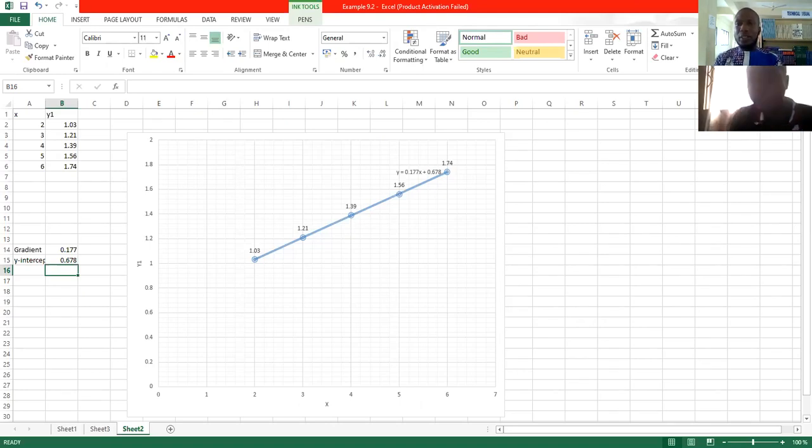Also, because there are no negative x values and y values, you see where our origin has come to. Because there is no negative value, we don't need to leave any space for them.